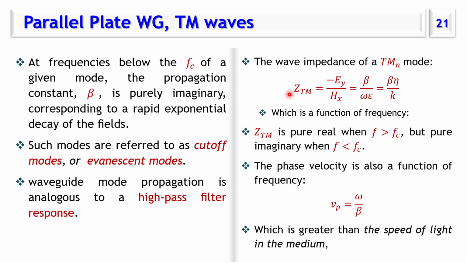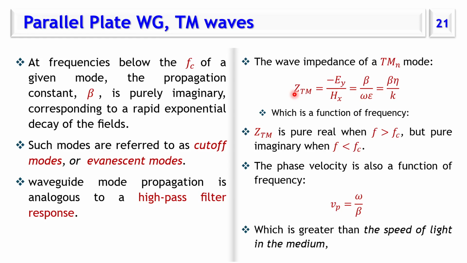The wave impedance equals the tangential electric field divided by the tangential magnetic field, which has the expression of beta over omega epsilon, which is a function of frequency.